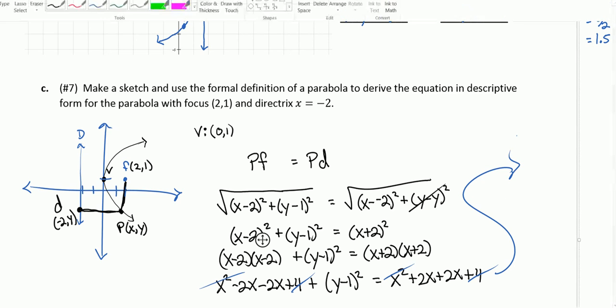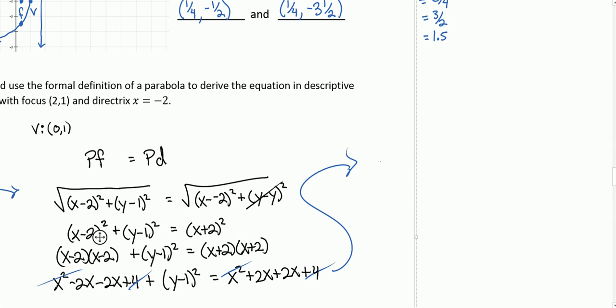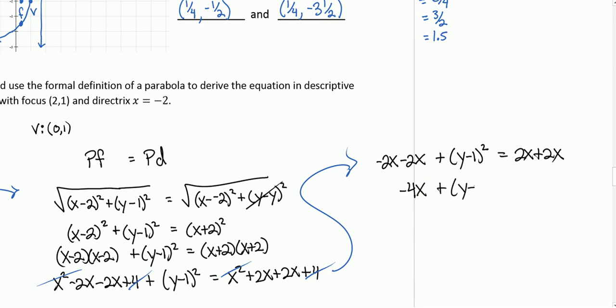And now we're left with -2x minus 2x plus y minus 1 squared is equal to 2x plus 2x. So that's -4x plus y minus 1 squared is equal to 4x.